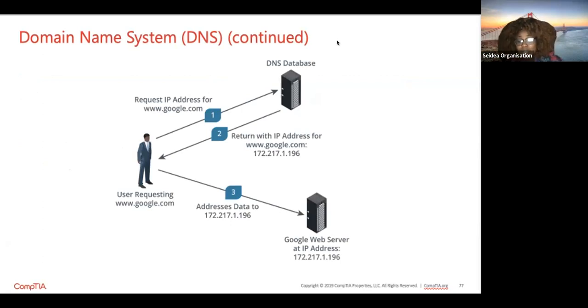The DNS database then returns an IP address for google.com and sends it back to the user, who then addresses the data to the Google web server at the IP address that has been identified. So that, again, is a good way of understanding technically how this works.